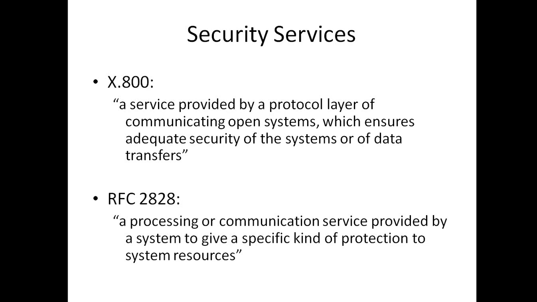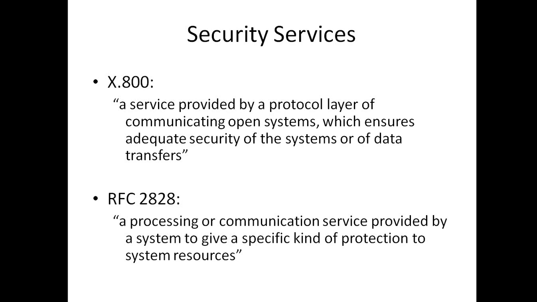So we have two types of security services. One is X.800 and the other one is RFC 2828. These are the basic types of security services in order to enhance the security measures. So what is X.800? X.800 is a service provided by a protocol layer.